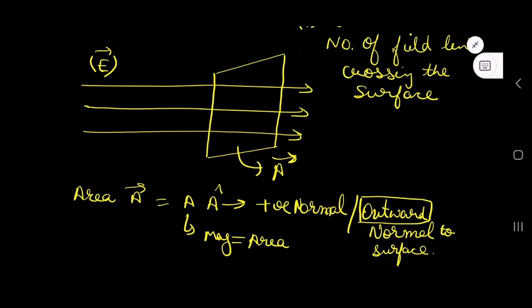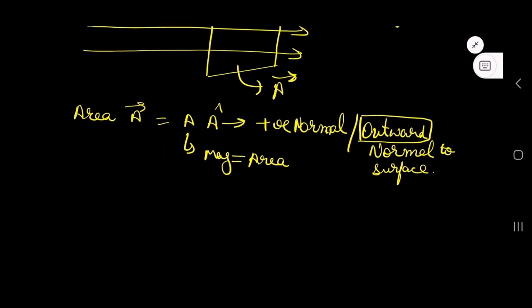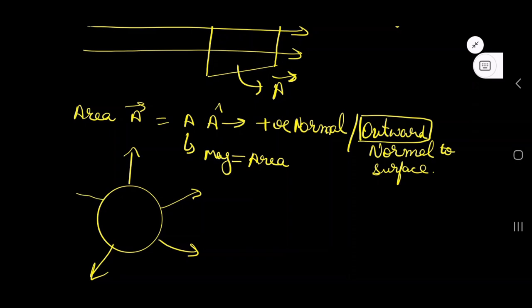Suppose I have a spherical ball. Let's assume that I have a spherical ball over here, and now if I ask you to draw the normal to the surface, you will say, okay ma'am, we can draw the normal to the surface in this way, either in this way or in this way or in this way. Means any arrow pointing perpendicular to the surface is normal to the surface. Either it can be this, or it can be this also.